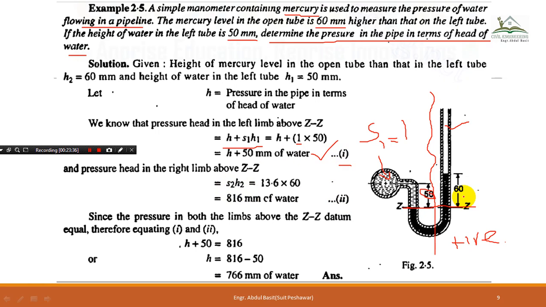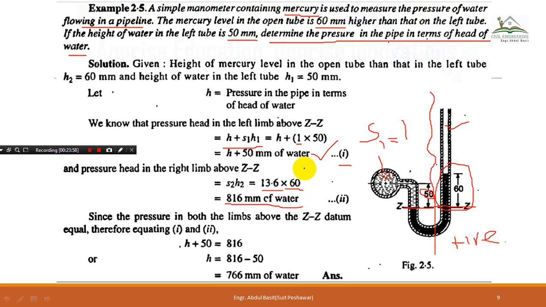In the right limb we have pressure due to the mercury over here as well. So here it is 13.6 multiplied by 60, and this is mercury, so S2 is used here. 13.6 is the specific gravity of mercury. Again this will be in millimeter of water.